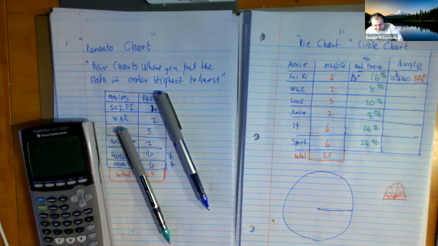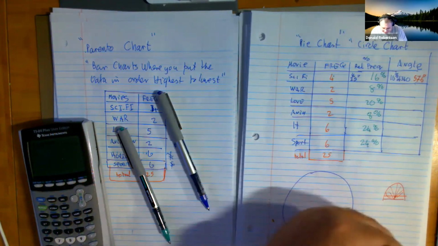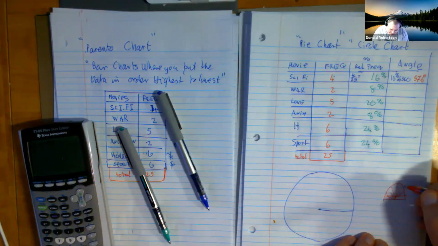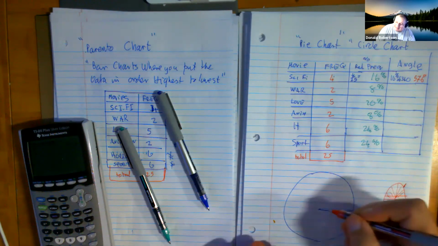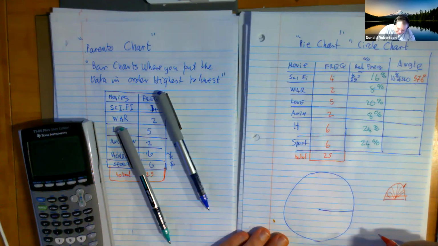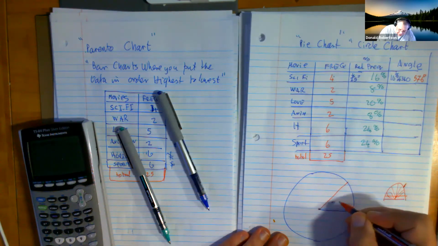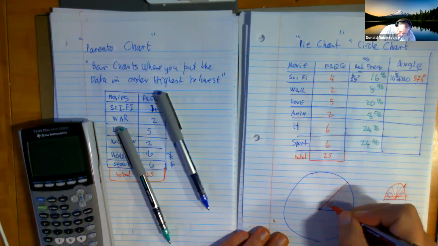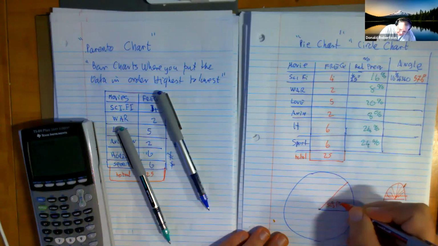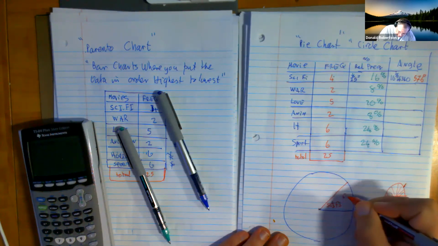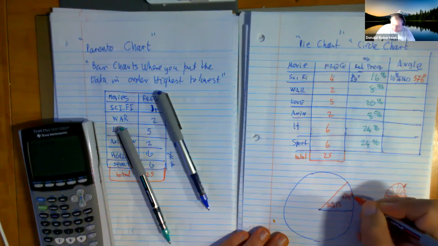You placed it over here and you measured to where the best guess you could get, and it's going to be a guess because it's not that accurate, right? Where 57 would go. And what you would then write is sci-fi, and then you would write 57.6 next to it.